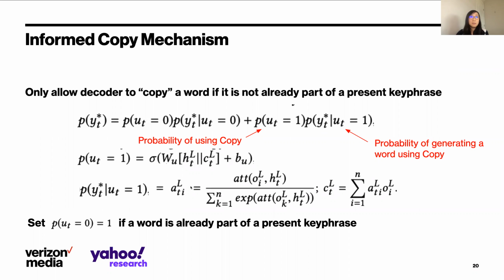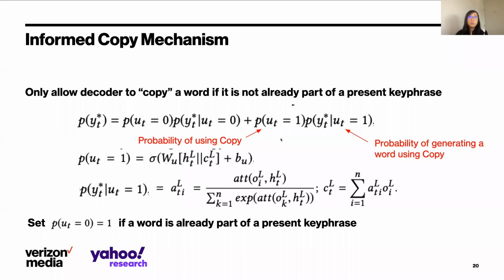So the probability of generating a word given copy is basically its attention weight that's computed between the output of the encoding layer for each of the words appearing in the input text, and the output of the decoder layer of the current word. So this computes the attention weight, and that's a probability here.